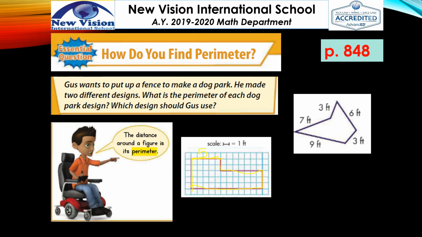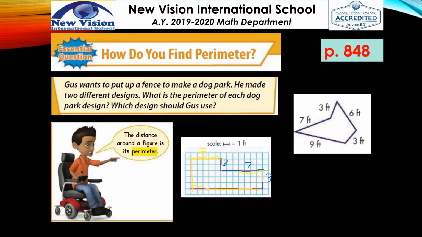Let's take a look at the next side. We have 1, 2. So this is 2. Now, let's go to this side here. 1, 2, 3, 4, 5, 6, 7. Hence, this is 7. Now we have 1, 2, 3. So this is 3.